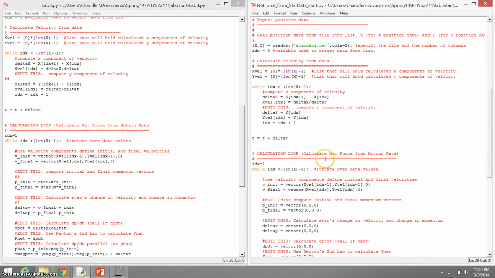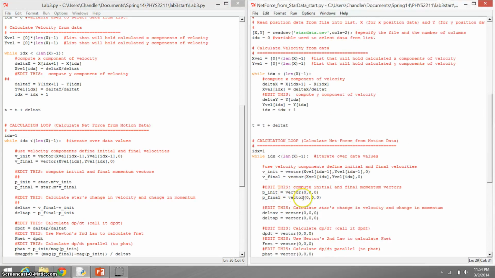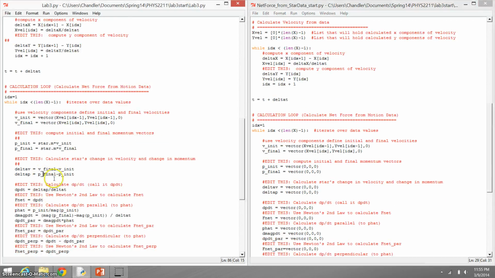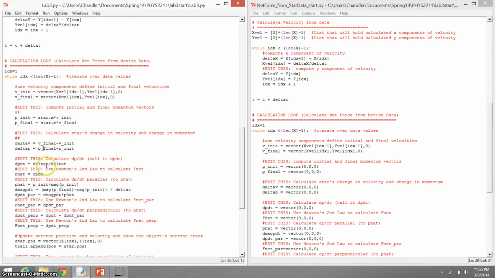And then as you can see here, this was originally the 0 vector, so for p initial, the equation for momentum is just mass times velocity here, so we just have star.m times the initial. We did the same thing with p final, and then delta v we just do final minus initial. We do the same thing for delta p as well.